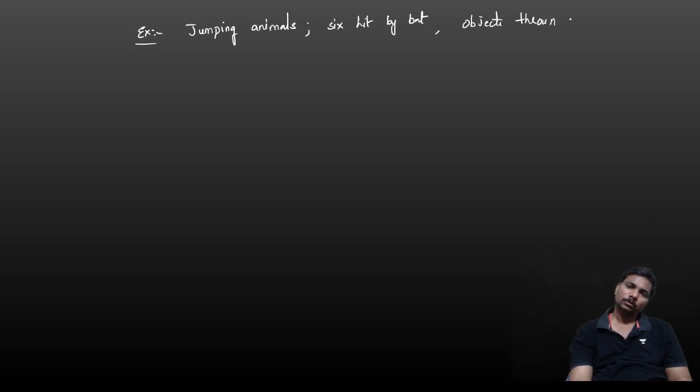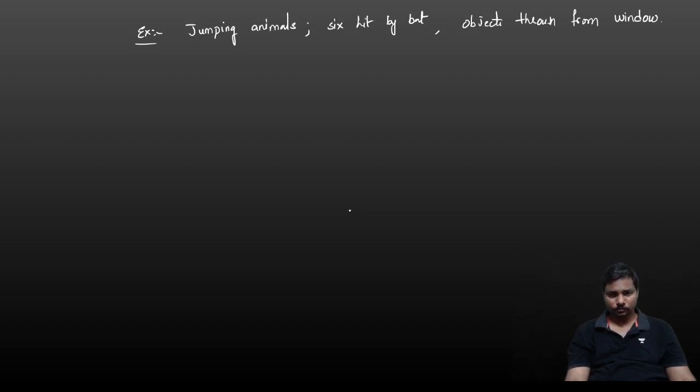A ball hit by a bat is also like a projectile motion. An object thrown from a window. All these are generally examples of projectile motion.